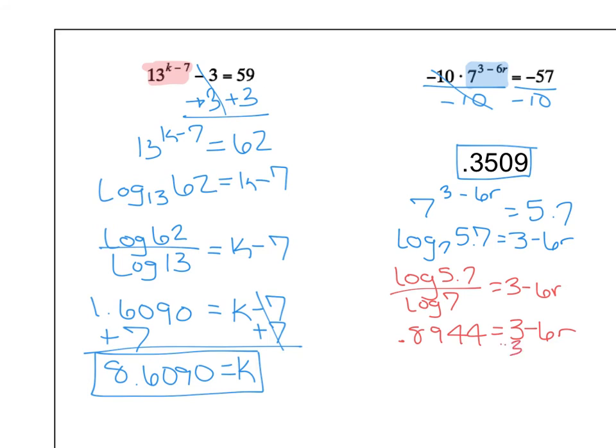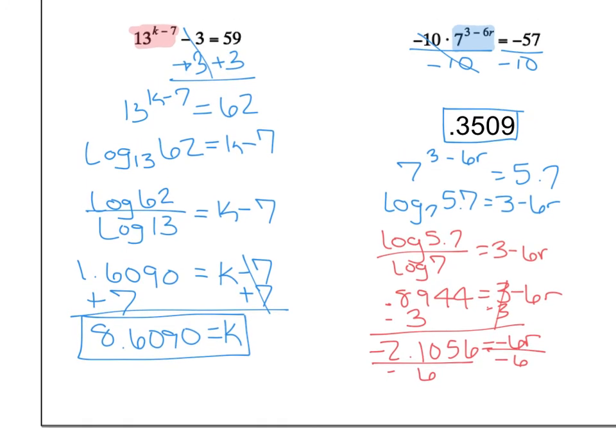So I'm going to subtract 3 on both sides. And that'll give me negative 2.1056 equals negative 6r. And then we're going to divide both sides by negative 6. And that will give me 0.3509. So that's perfect, exactly where we should have ended up.